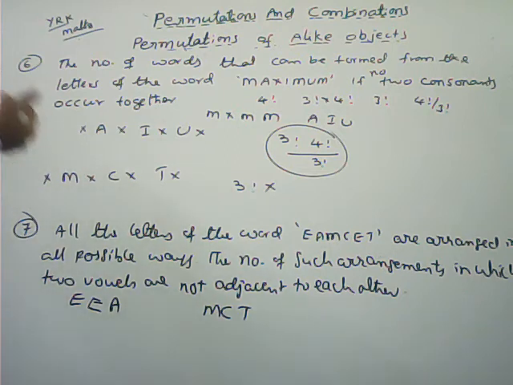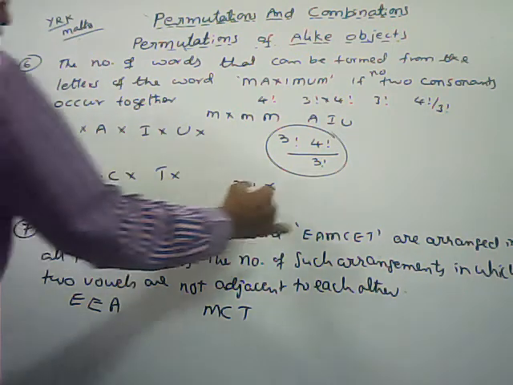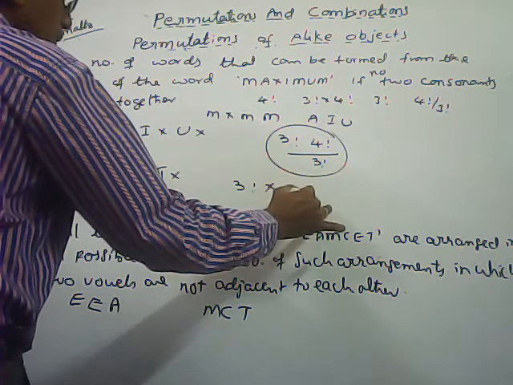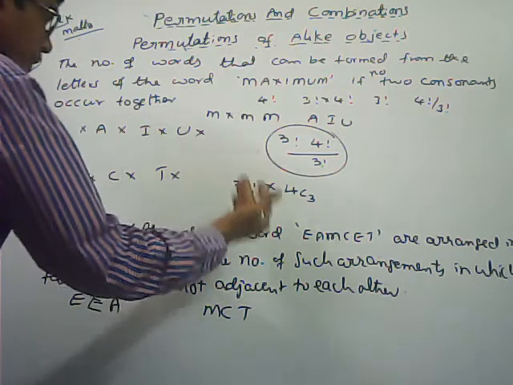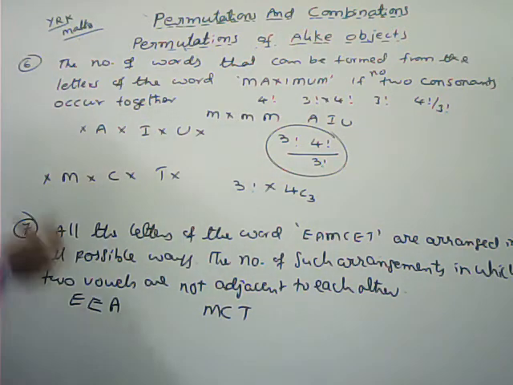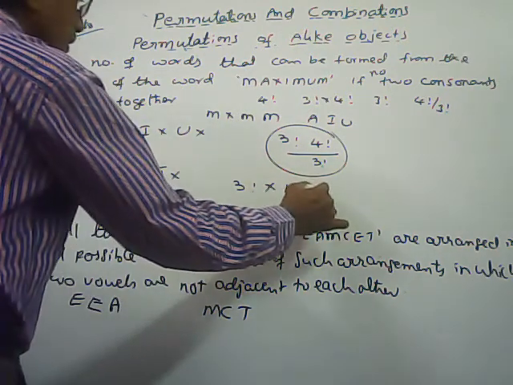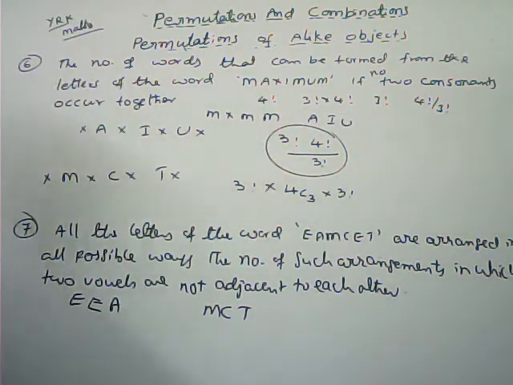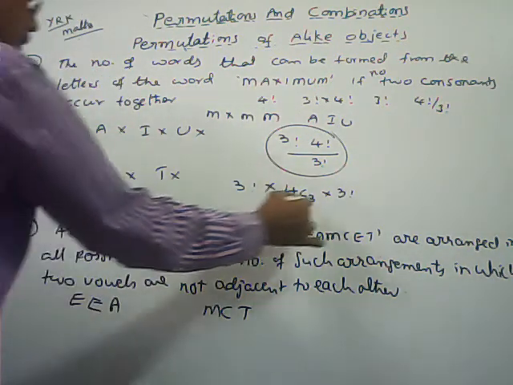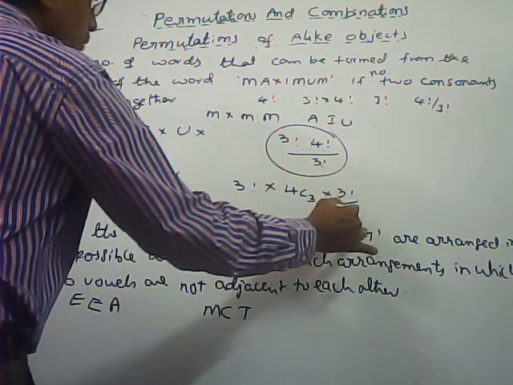From those 4 places you can select 3 places. The number of ways of selecting 3 places out of 4, that is 4. Now in my hand 3 empty places are there and 3 letters are there. The 3 letters in the 3 places we can arrange themselves in 3 factorial ways. Out of 3, 2 are alike of one kind, by 2 factorial.